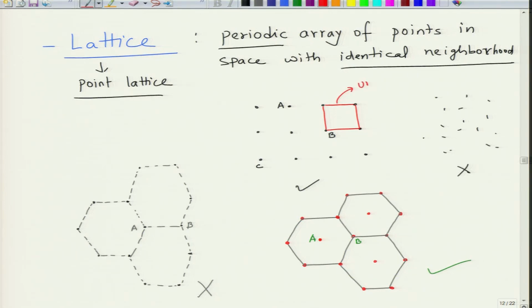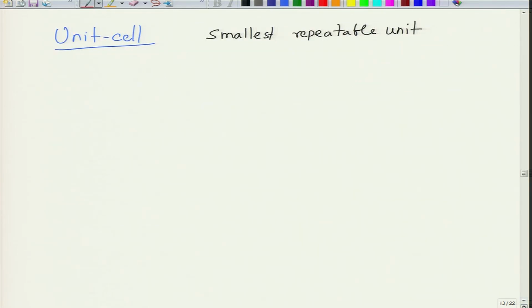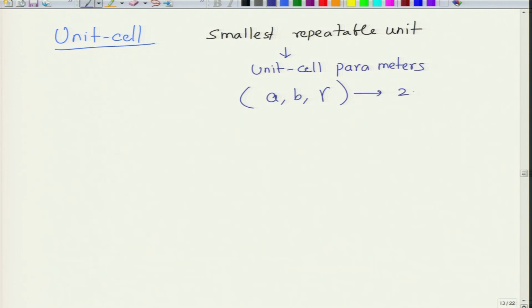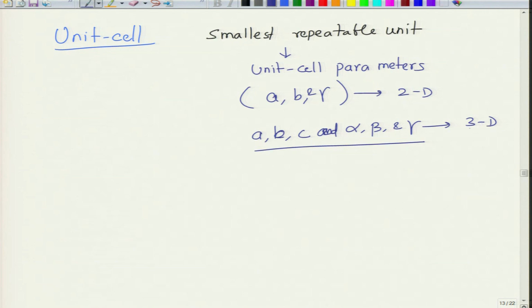A unit cell has certain parameters which are called length, breadth and angles. We define them as a, b, gamma in the case of 2D, and in the case of 3D we define them as a, b, c and alpha, beta and gamma. These are called unit cell parameters.